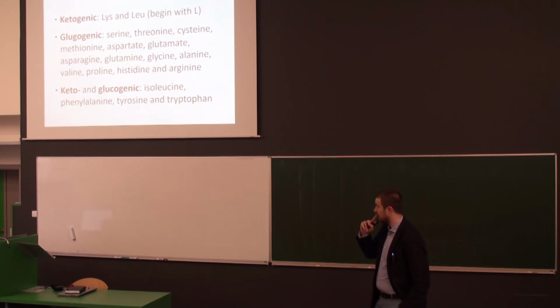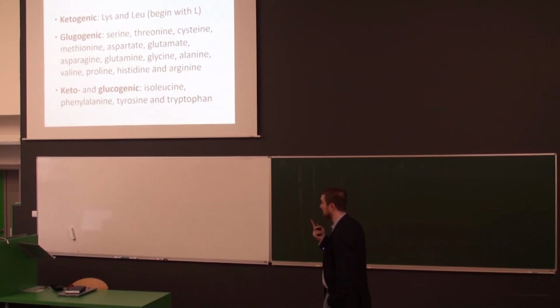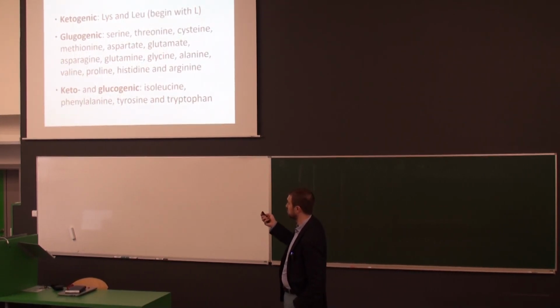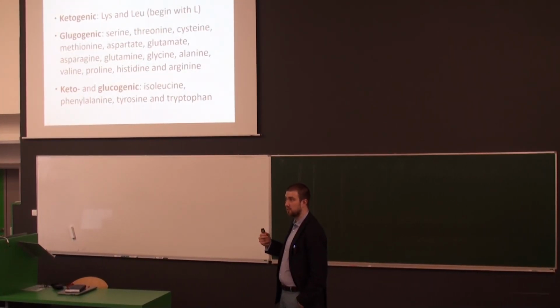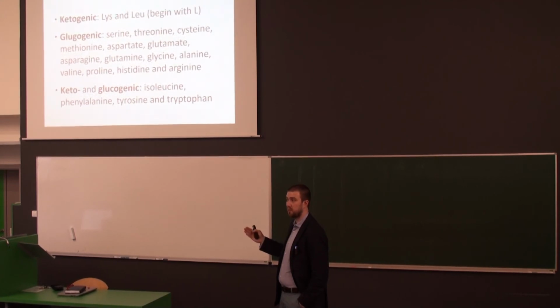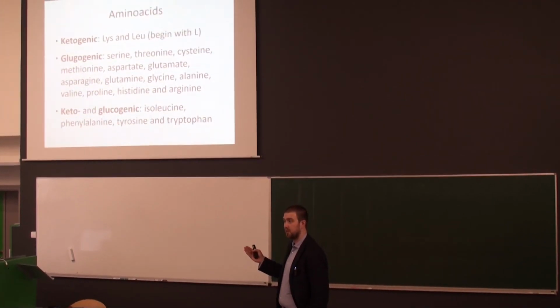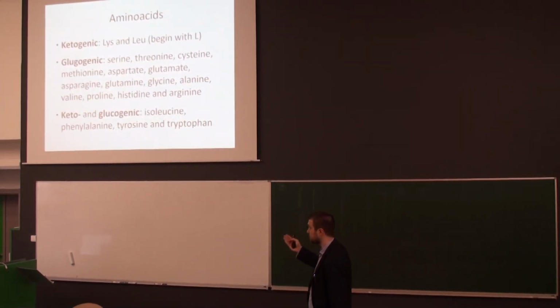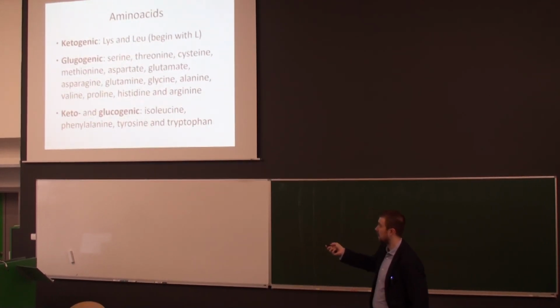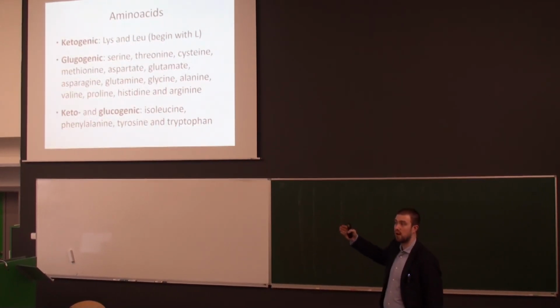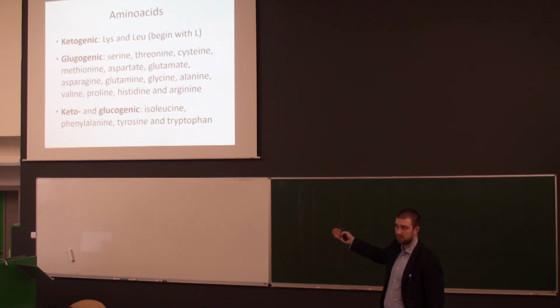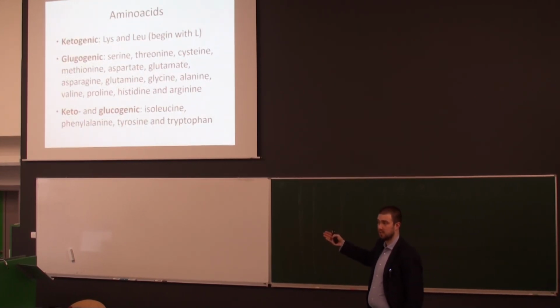And of course we can ask you, for example, if you can from these amino acids produce fatty acids. The answer is also yes, since from pyruvate you can simply produce acetyl-CoA, and therefore you can convert these amino acids after quite long, but after some time, yes, to the fatty acids.